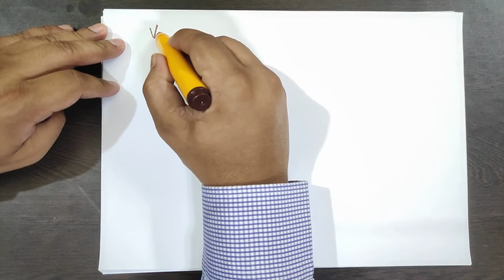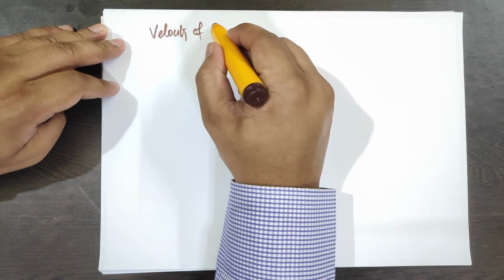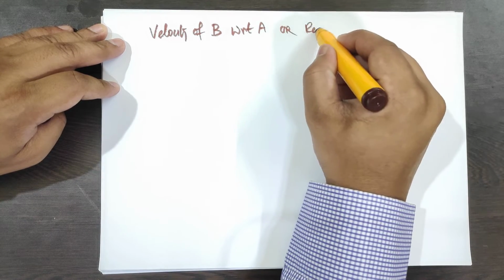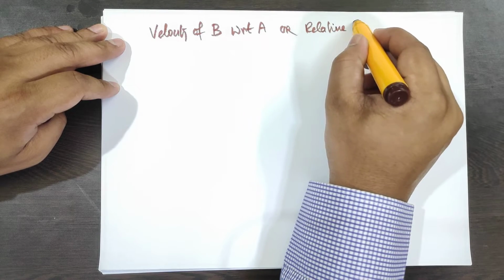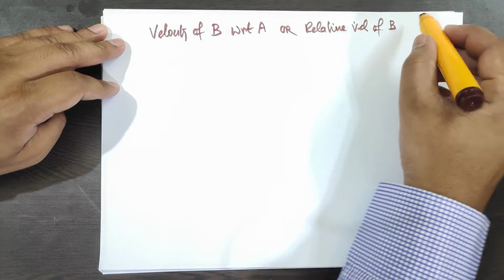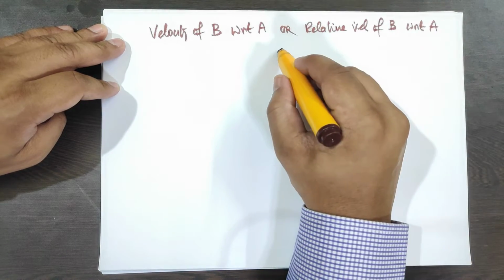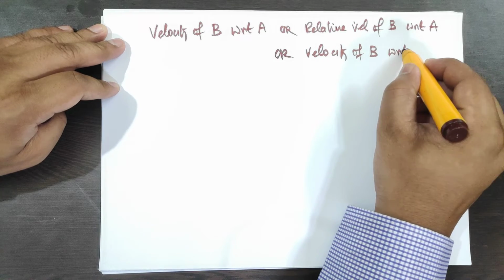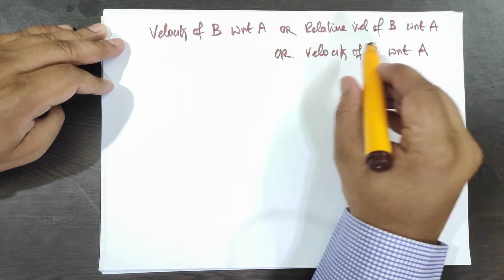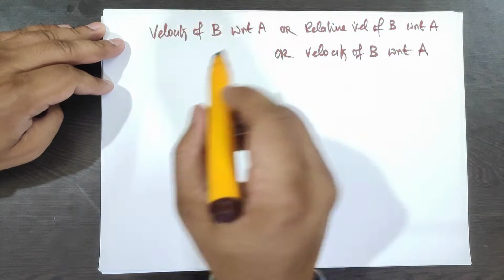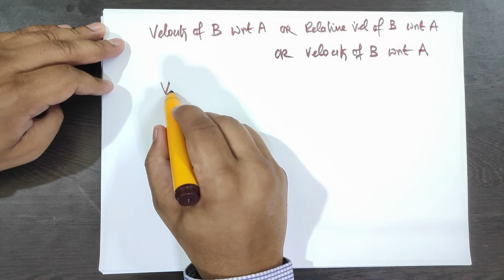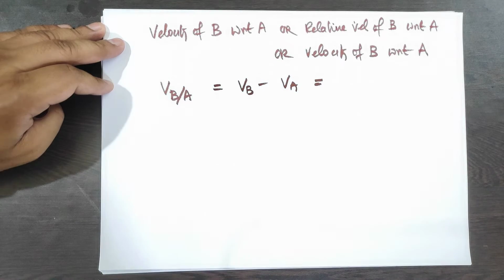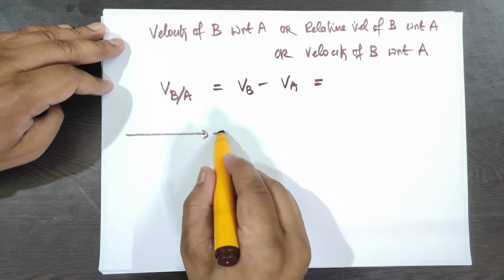The velocity of B with respect to A, or the relative velocity of B with respect to A, is VB/A equal to VB minus VA, and I have taken the right direction as positive.